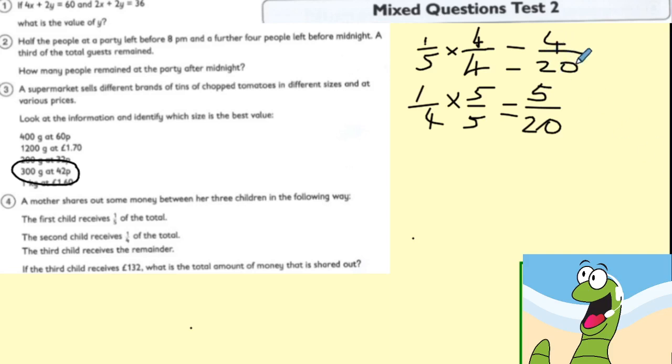Now you might be asking why we have got the 20ths here. Well, that is the whole amount. That is the complete whole amount, the 20th, to make it easier to be able to work this out.